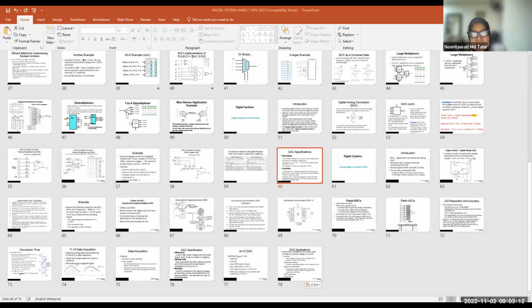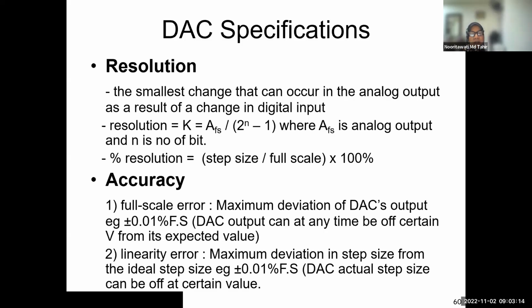Okay, so before we do the digital to analog conversion, the thing that you need to ensure, like I mentioned to you students earlier, is the resolution. That is the main information that we require. Because once we know the resolution, so what is resolution? There are many definitions of resolution, step size and so on.